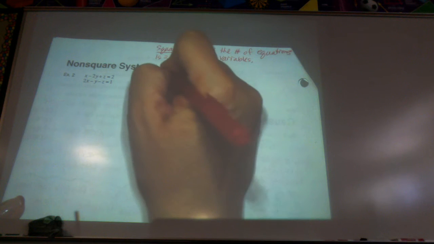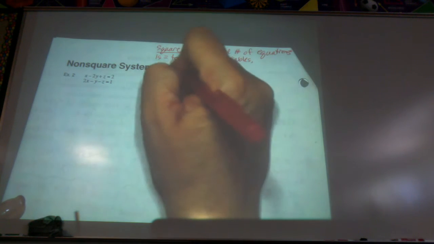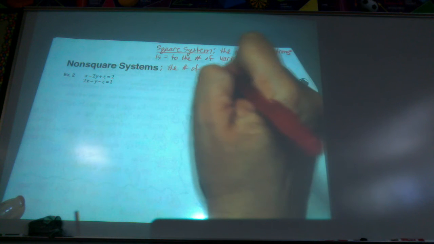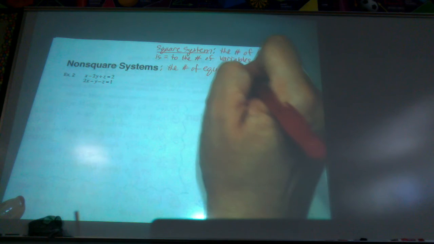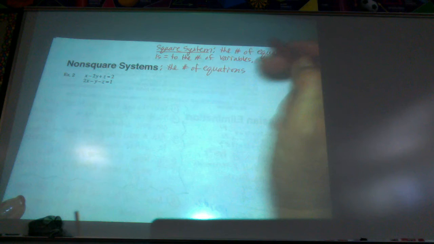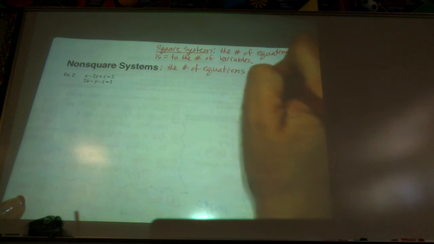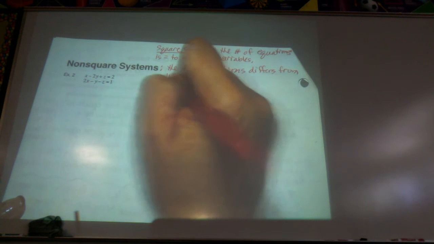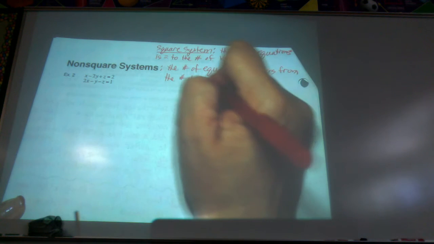So a non-square system just means that the number of equations differs from the number of variables.